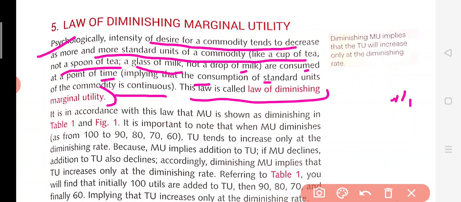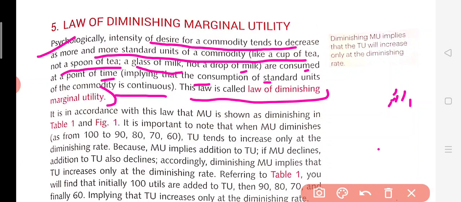So the TU was increasing but at a decreasing rate. So this is the psychological law. What is a psychological law? It means that if a rational person, not a foolish person or a mad person, is consuming anything one after the other, it is a normal tendency that your satisfaction will decrease.